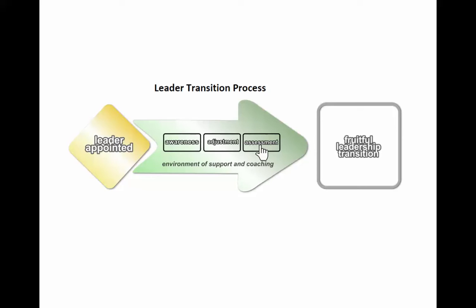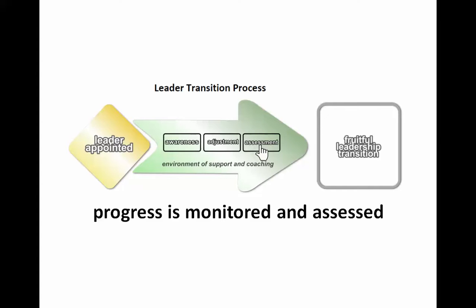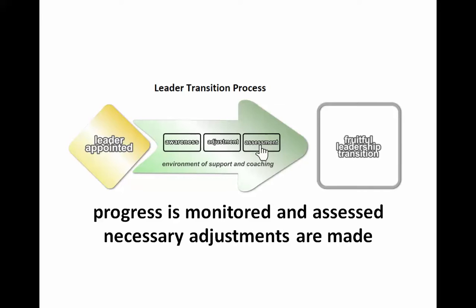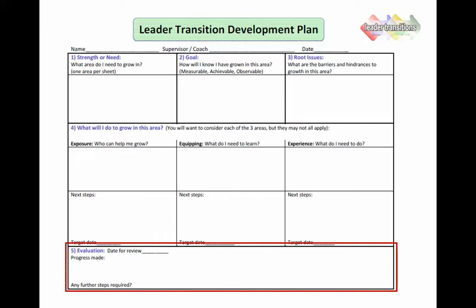Step 3, assessment of the transition development process. During a designated transition period, which is generally 3 to 6 months, progress on the Leader Transition Development Plan is monitored and assessed with the help of the coach, and necessary adjustments are made. This can be done in Section 5 of the Leader Transition Development Plan.